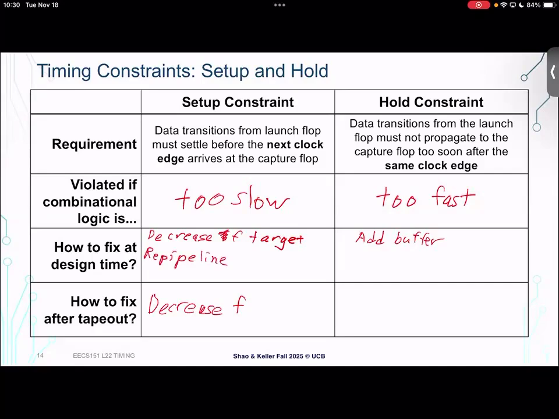You can try to optimize the combinational Boolean logic to have fewer gates or fewer stages. We're going to talk about that in a minute, so I'm not going to write it here. But yes, you can use clock skew to help with this. You can also play with gate sizing, right? Like we did in the logical effort lectures.